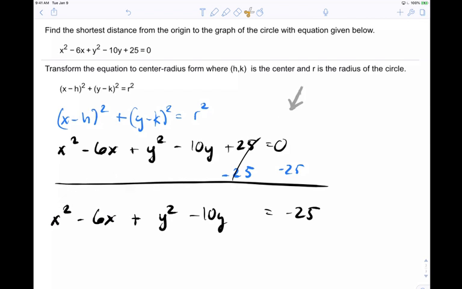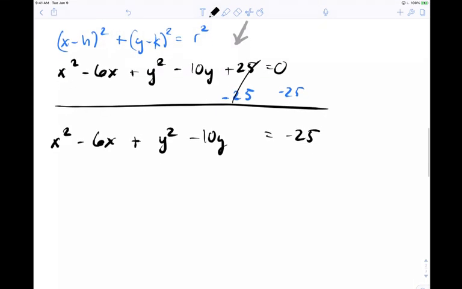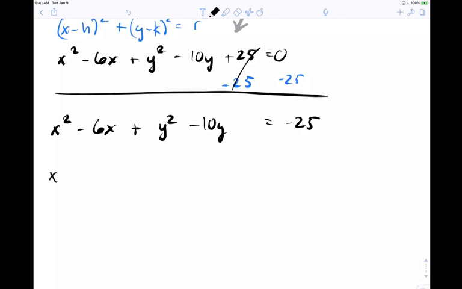So then completing the square is b over 2, squared. When we go to complete the square on x squared minus 6x, our b in this case is negative 6, so I'm going to say plus negative 6 over 2 squared.